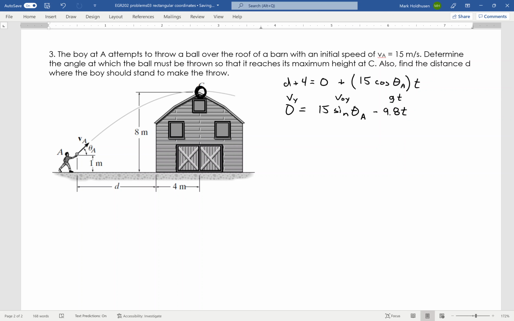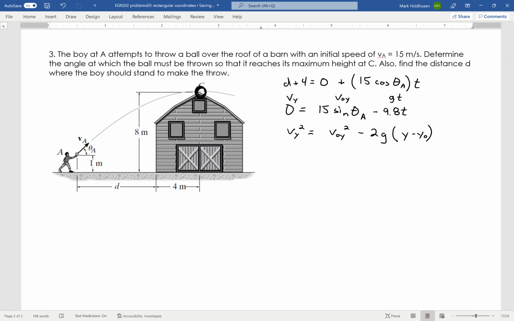Now, the other one that I'll use is the one without time in it at all, which gives me v squared equals v naught squared minus 2g times y minus y naught.